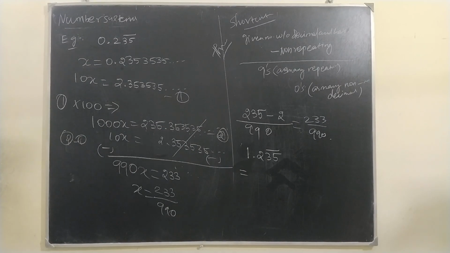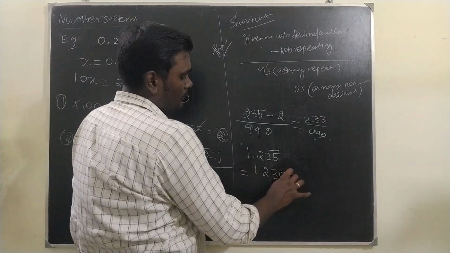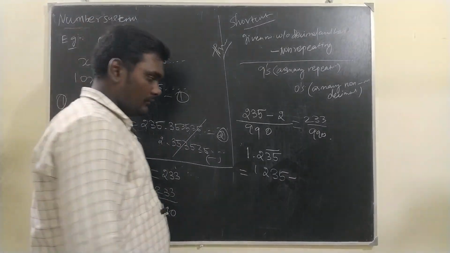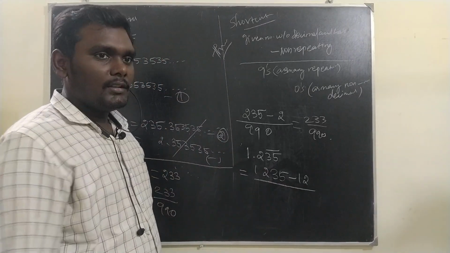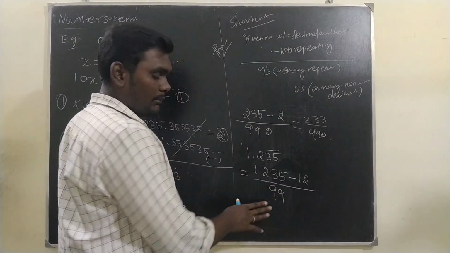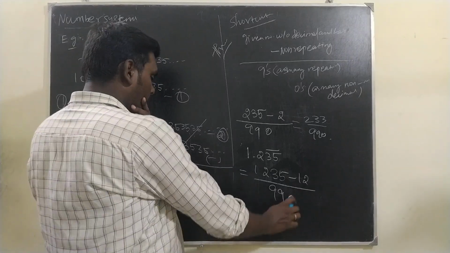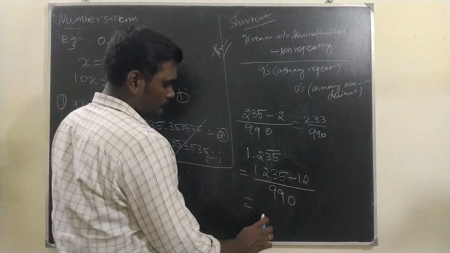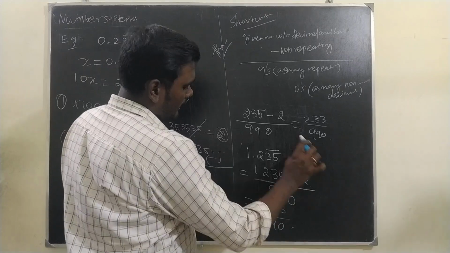The number without decimal and bar is 1235, minus the non-repeating part alone, 12, divided by 99 since two decimals repeat, and then 0 for one non-repeating decimal. Only the decimal part counts for the denominator. 1235 minus 12 is 1223, so 1223 by 990 is the answer.